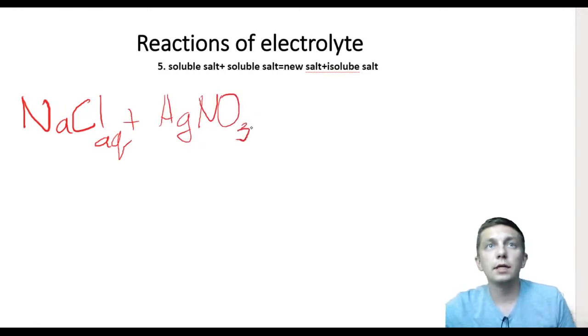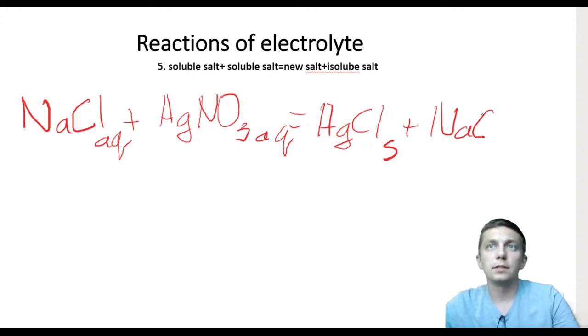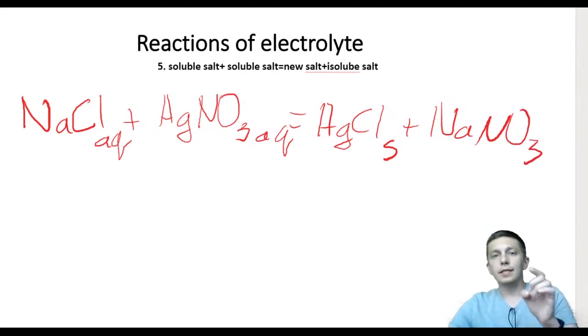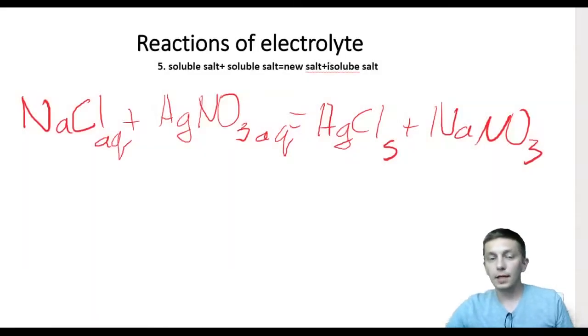In the presence of chloride, these two substances react and form sodium nitrate and silver chloride, solid, plus NaCl plus NaNO3. So soluble salt can react with soluble salt if you can form insoluble salt. If you have this possibility, the reaction will happen.